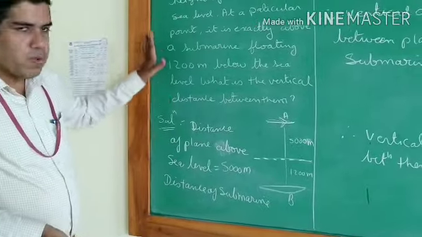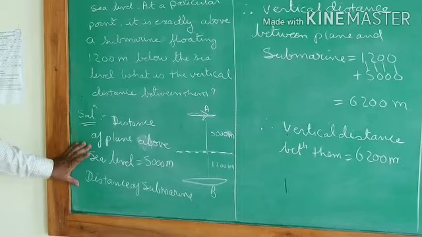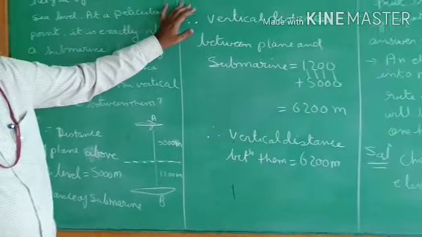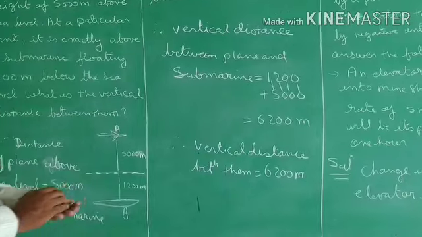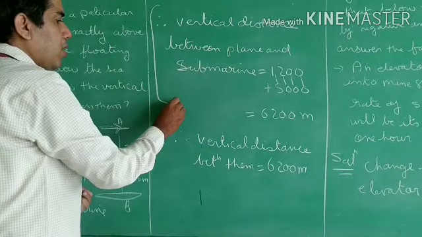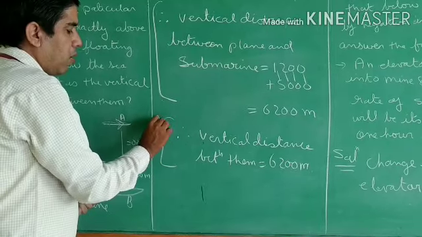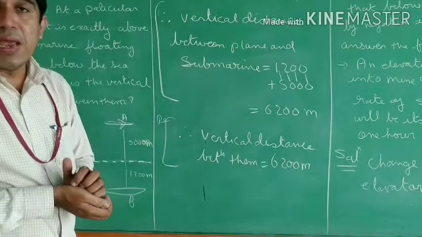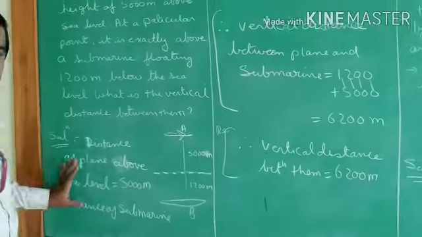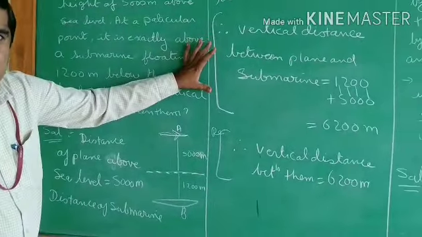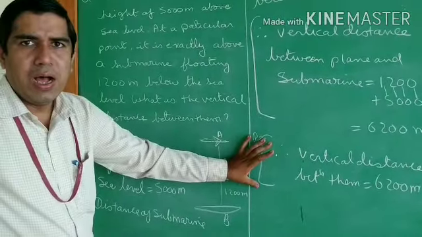In any word problem, the first part is the information statement. What is the information given here? Convert it in the form of a statement. So the first two statements are just information. Then after the information, the calculation starts. This is the calculation part, and this is the result or answer. Like this, any word problem we divide into three parts: first information, next calculation, and then the result or answer statement.